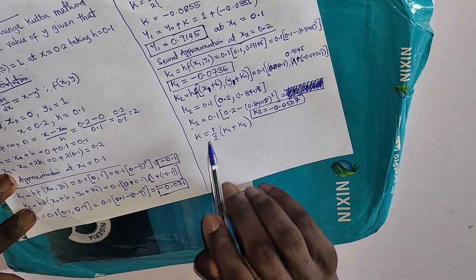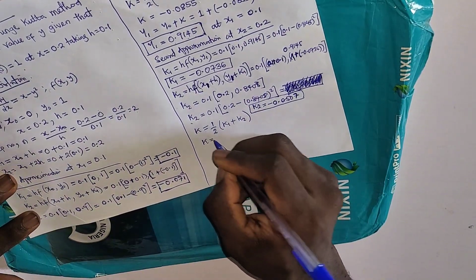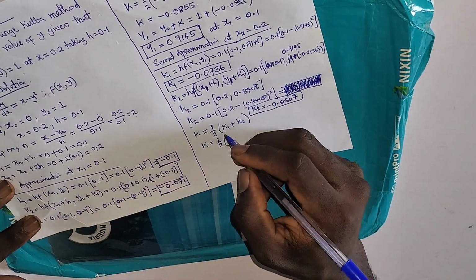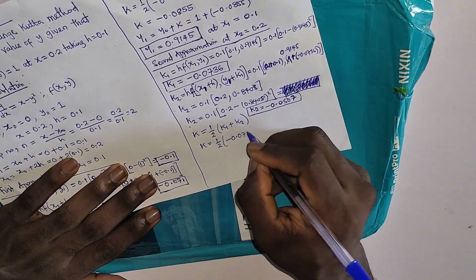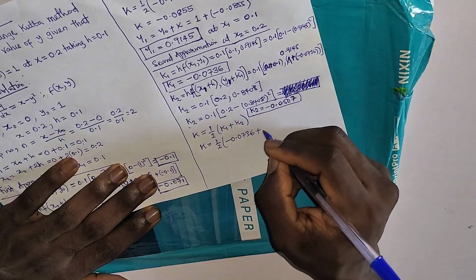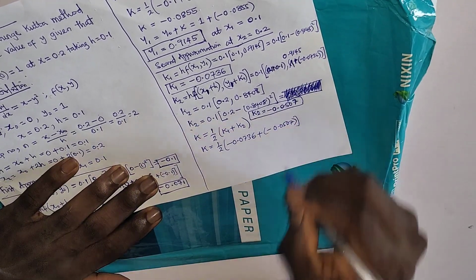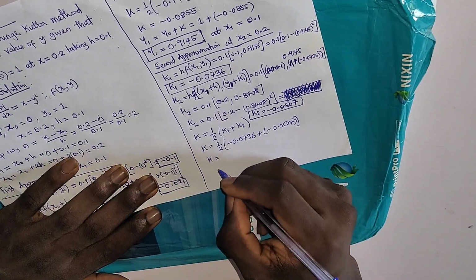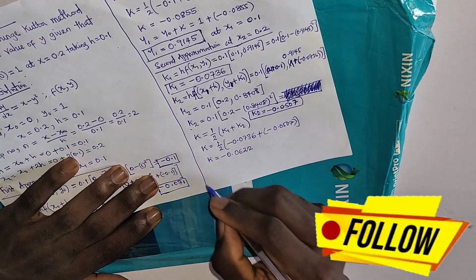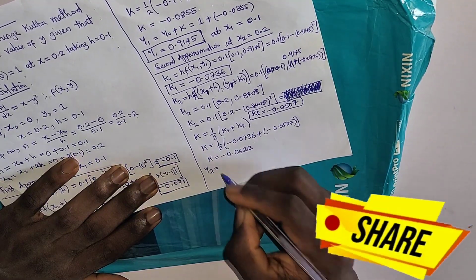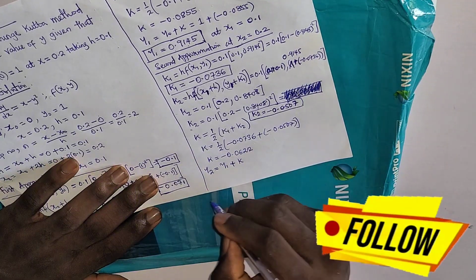Then you also need to remember that K is equal to 1 over 2 (K1 plus K2). So you can say your K is equal to 1 over 2 into your K1, which is negative 0.0736, plus negative 0.0507. So your value of K should be negative 0.0622. So now we can find your Y2, which equals Y1 plus K, which is the standard for second order.